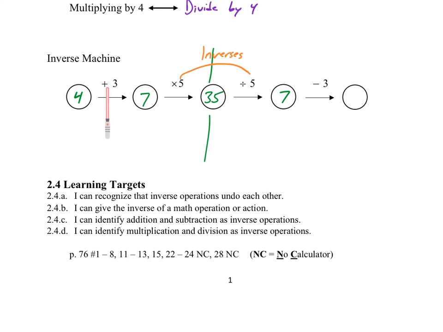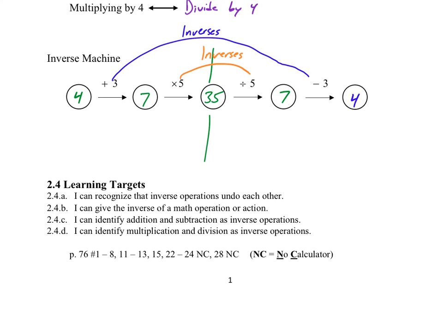And then if we want to undo the adding 3, well, the inverse of that is to subtract 3. So maybe I'll do little lines to show that these two are also inverses. So inverses. And 7 minus 3 gives me 4. So you'll notice then that my starting point and my ending point are the same. So that's one of these inverse machines that we're looking at.